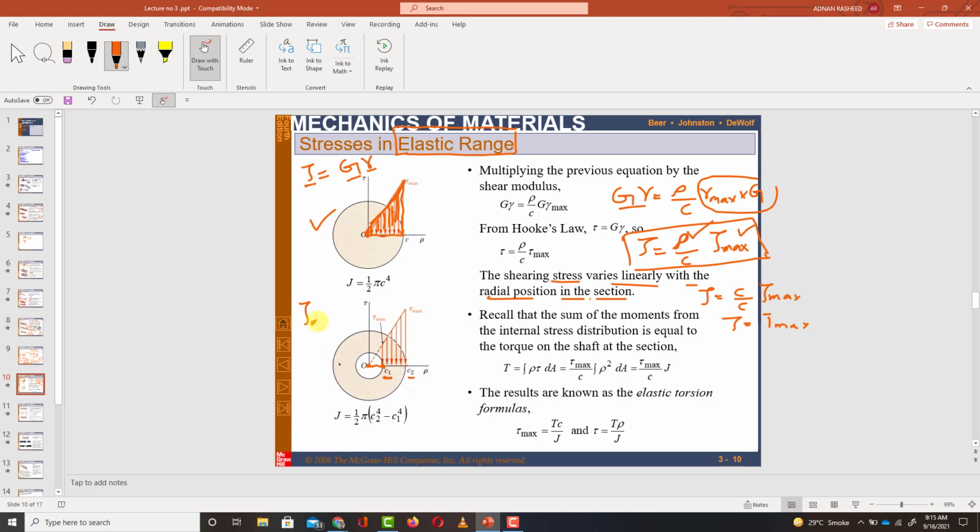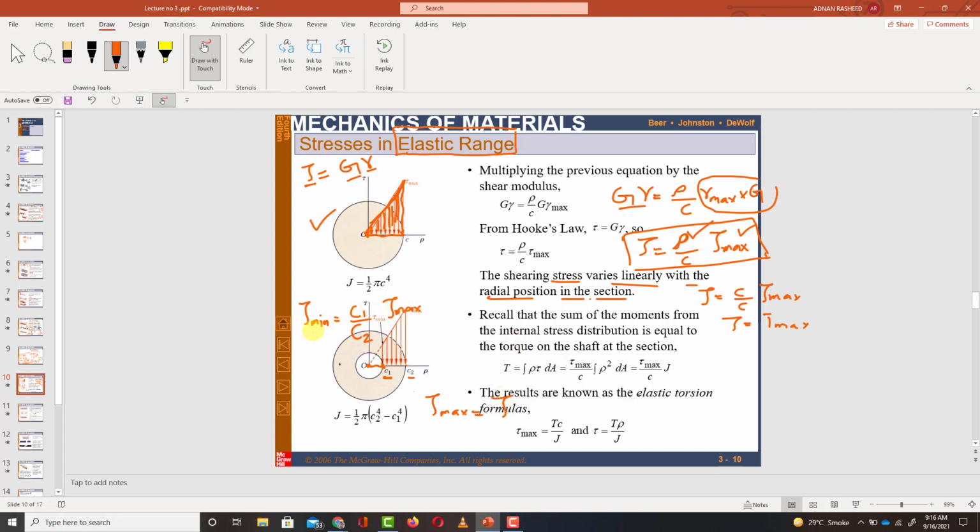So tau minimum will be equal to C1 over C2 into tau max. And tau max is what? Tau max is equal to C2 over C2 into tau. Tau max will be equal to that tau.